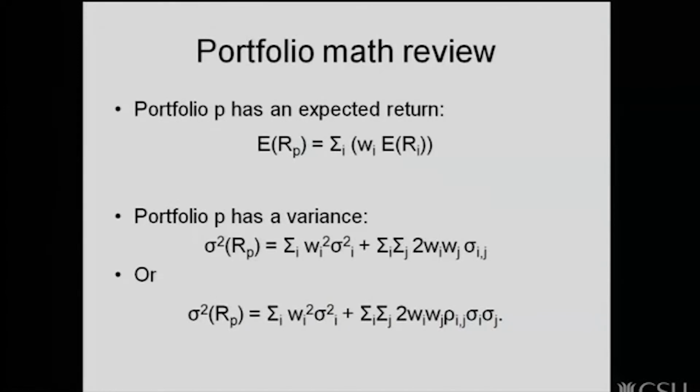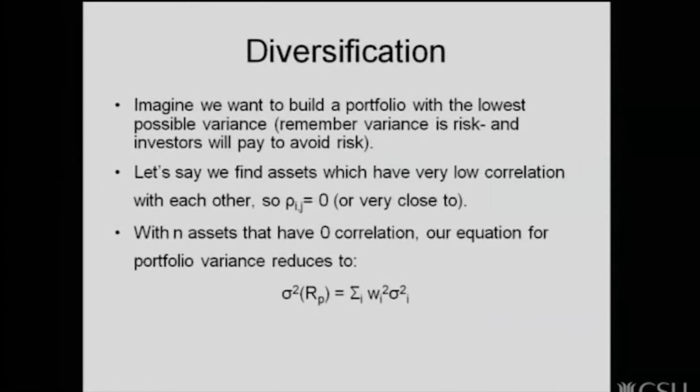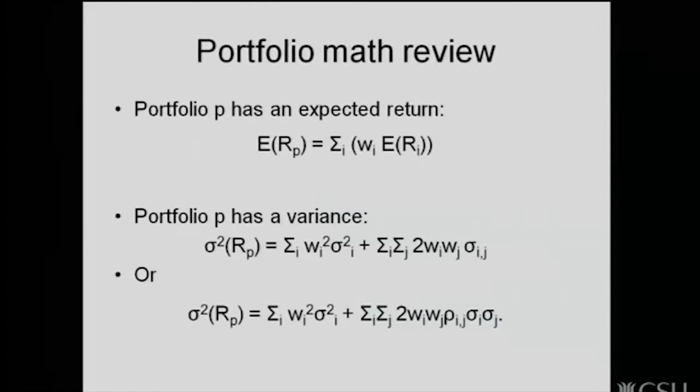So we might see that these weight squared times the variance of the asset squared terms, when we have a large portfolio with a large number of assets in them, that term's going to go to zero. So the term here on the left-hand side of these two equations down the bottom, those terms all go to zero because the share of any particular asset is very small, so the weight squared is even tinier.